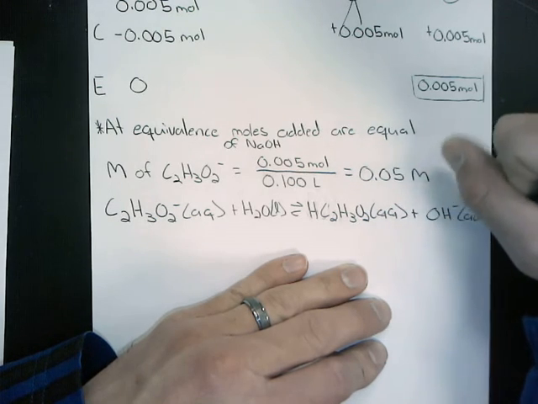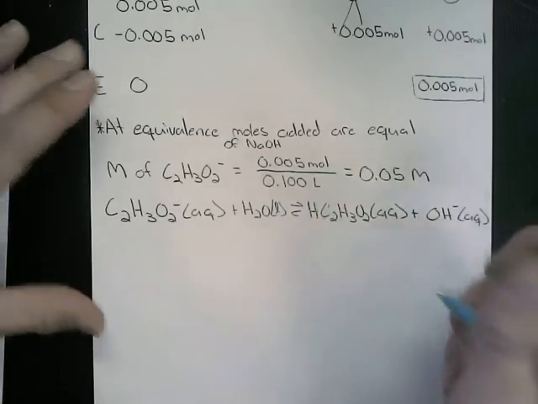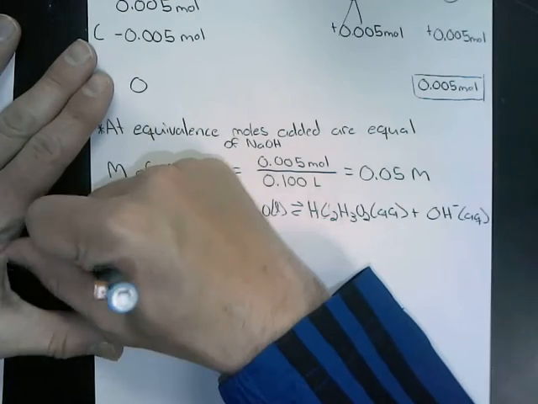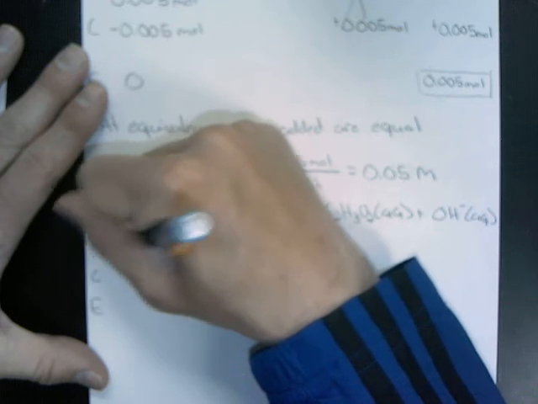Okay? Now, we just took the time to calculate, hey, what was our initial amount of our weak base? Well, hey, it's 0.05 molar.